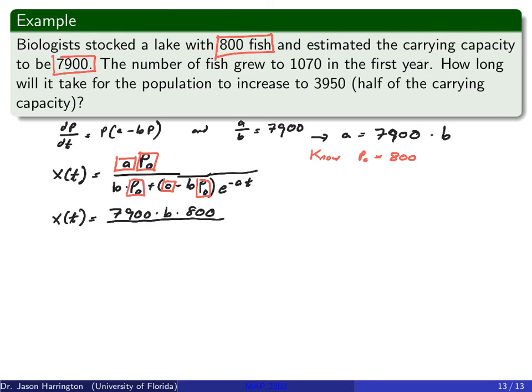The b below is going to be equal to b, which we don't know what that is yet, but we do know it's times 800, plus the next one we're going to have 7,900 b, because I changed the a to that term, minus b times 800 e to the negative at.